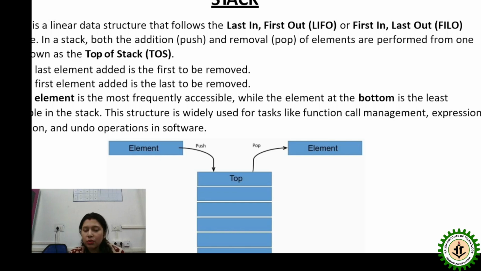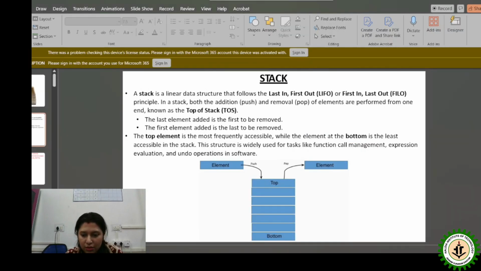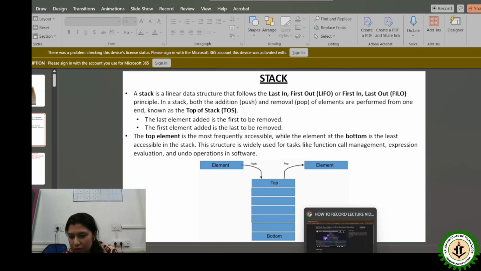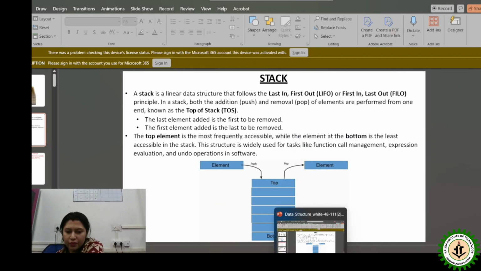So now we are coming to this. What is stack? Stack is a linear data structure that follows the last in first out rules. What is the meaning of last in first out? Last in first out means, let's assume we have a pile of disk. I can show it here.